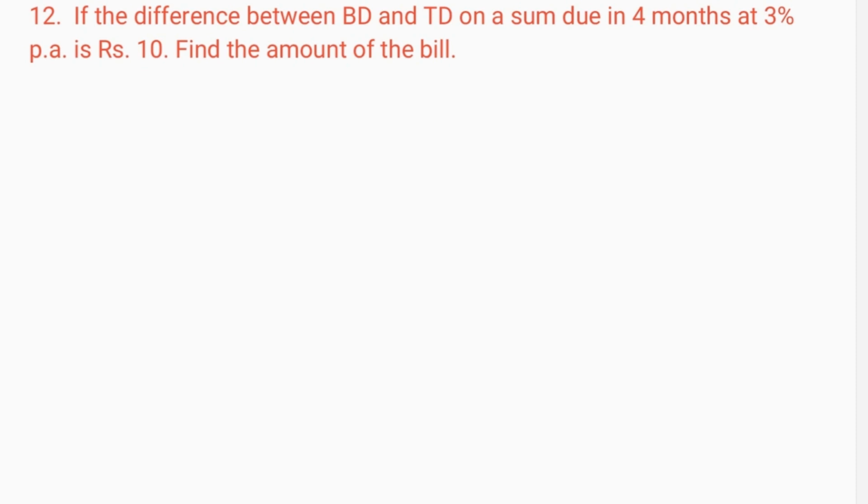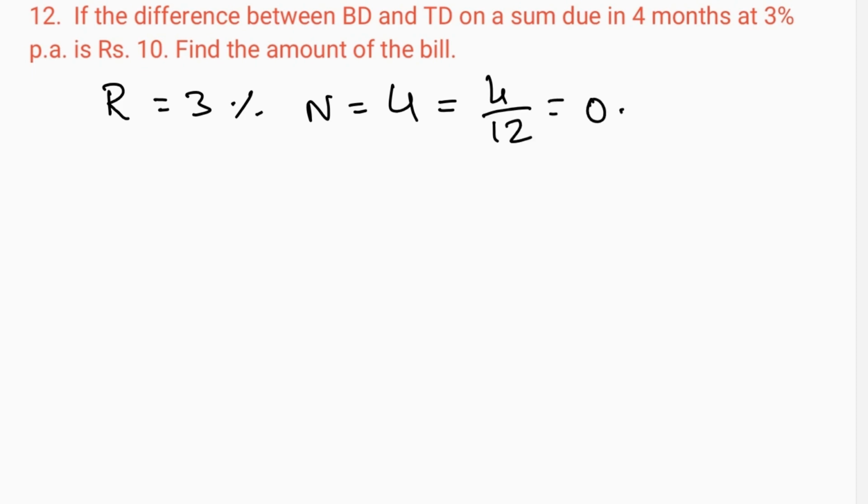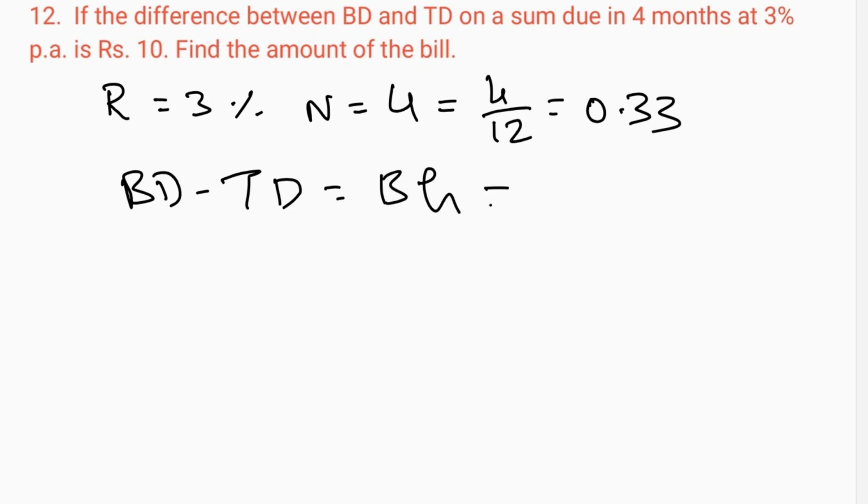Here what is the data they have given: R is 3%, n is 4 months, so that is 4 by 12, so it will be 0.33 recurring, you will write 0.33. And they have given bill discounting minus true discount, that is nothing but banker gain. So banker gain they have given rupees 10.